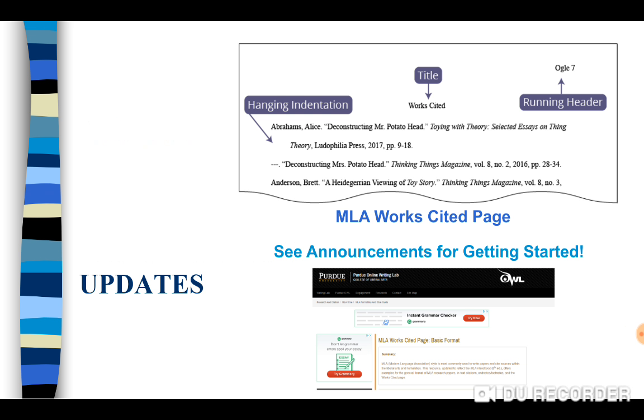Okay, so first, just as far as updates, if you want to, you can get started on your MLA Works Cited page. Please see the announcements on D2L for getting started. I posted directions last week, as well as the Works Cited page that covers all of the provided text.